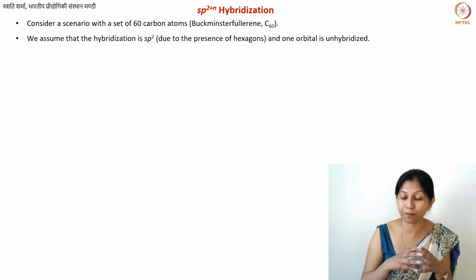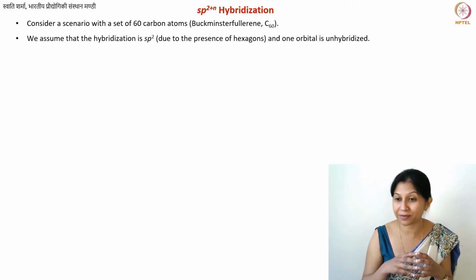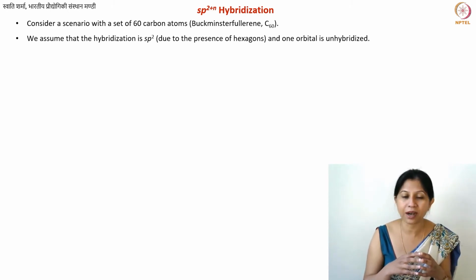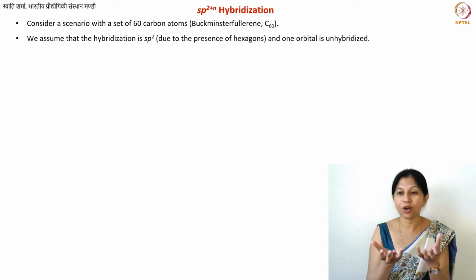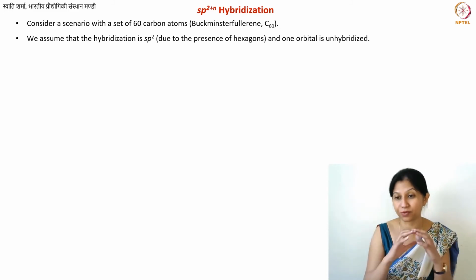That means there are definitely some sp2 hybridized carbon atoms. In fact, that is the reason you will often hear people say that if you take a graphene sheet and roll it up, it becomes a carbon nanotube, or if you make a football out of it, it becomes a fullerene.